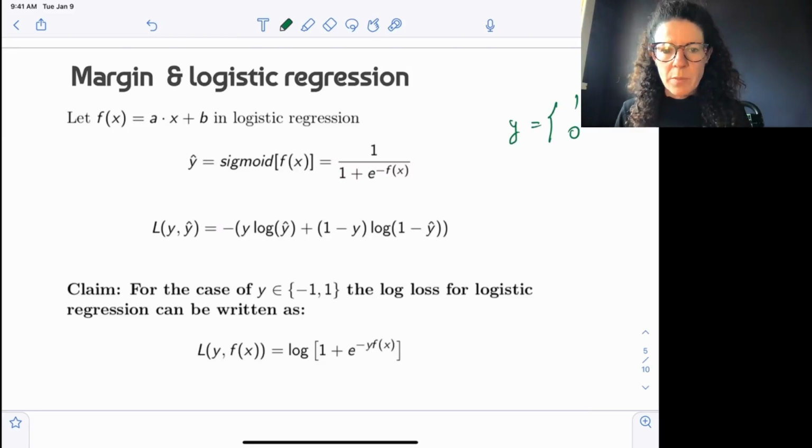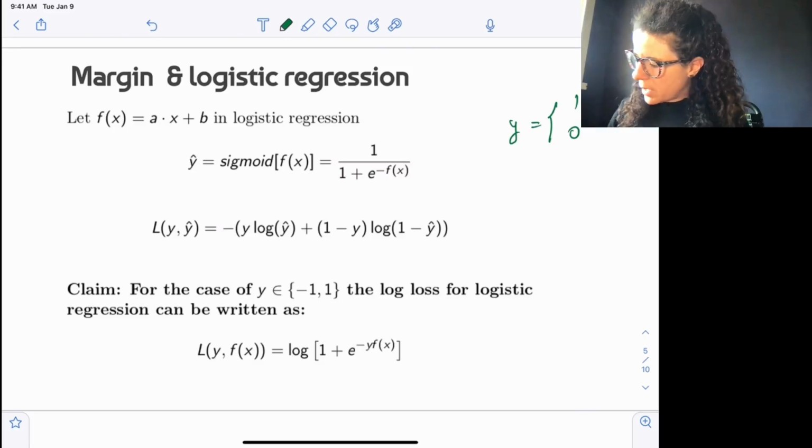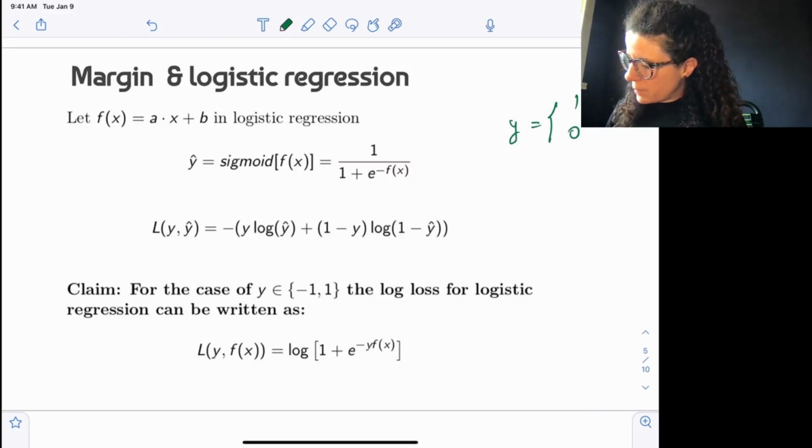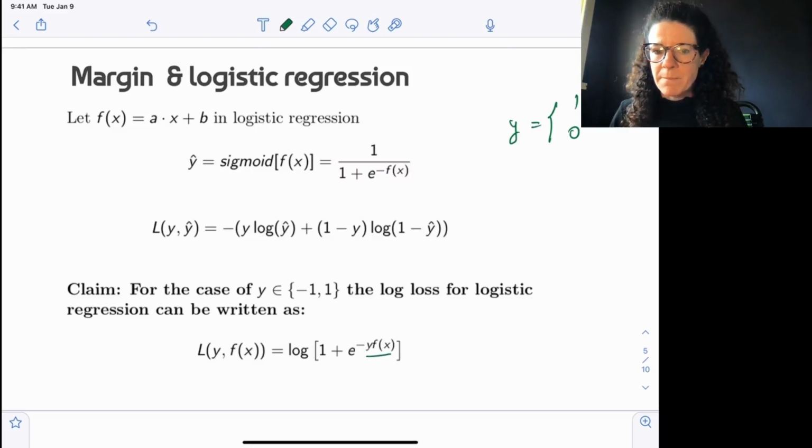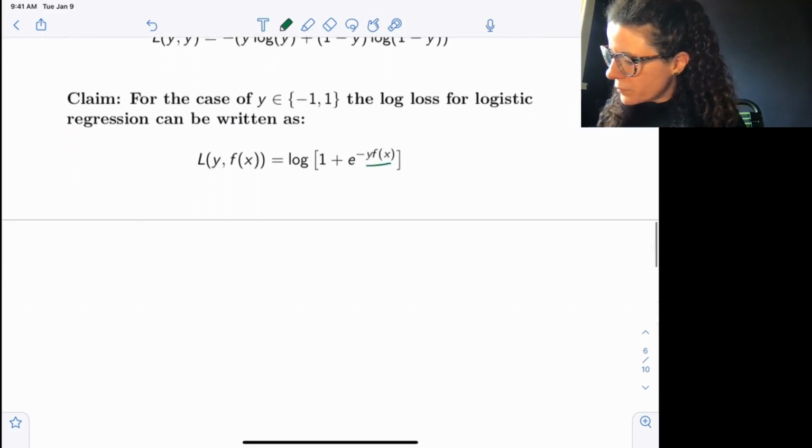So what I'm going to show you is that if we consider y to be -1 and +1 instead of 0 and 1 for logistic regression, then we can write the loss function another way. If we are able to do that, you're going to see that this loss function is a function of the margin. So let's do that.